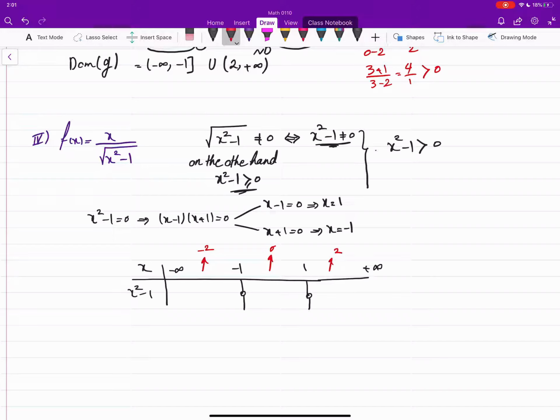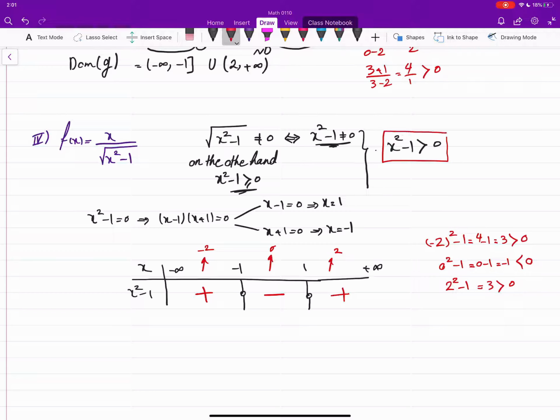Now let's evaluate. Negative 2 squared minus 1 is 4 minus 1, which is 3, positive. So this part is positive. At 0 squared minus 1, this is 0 minus 1, which is negative 1. This part is negative. And for 2, again, we have 3, which is a positive number. We put positive. Which part were we looking for?